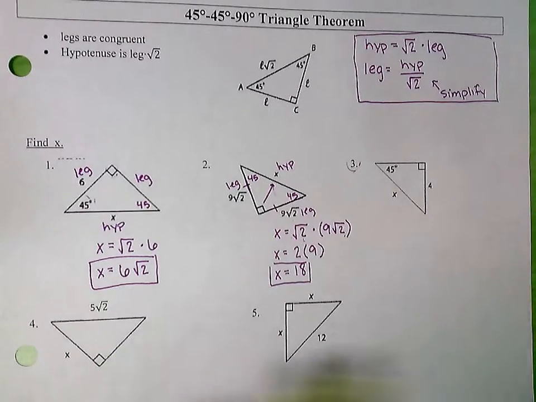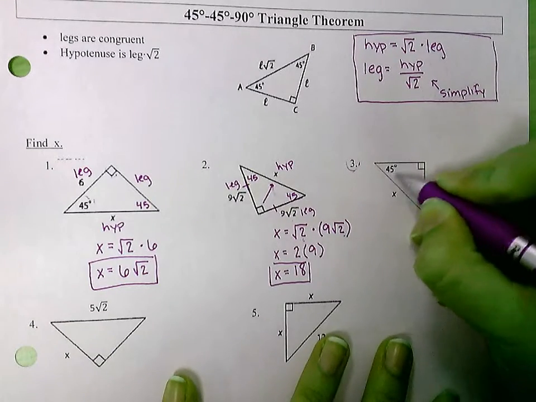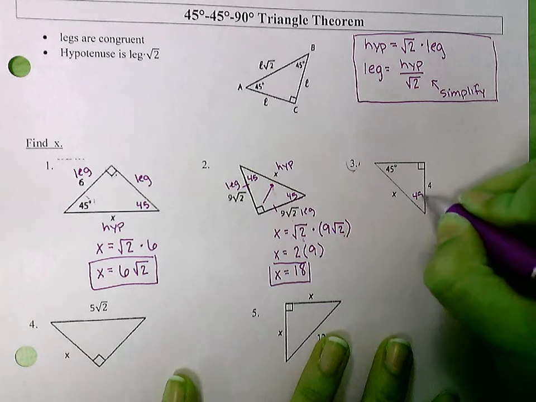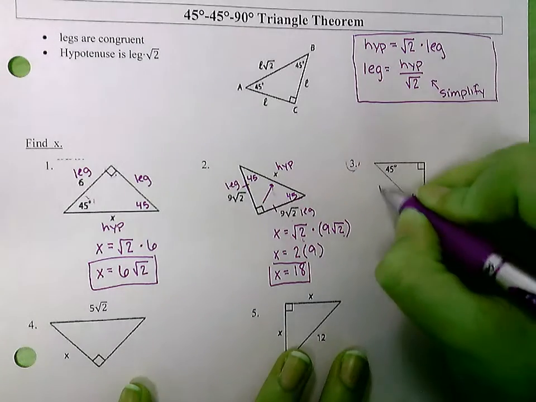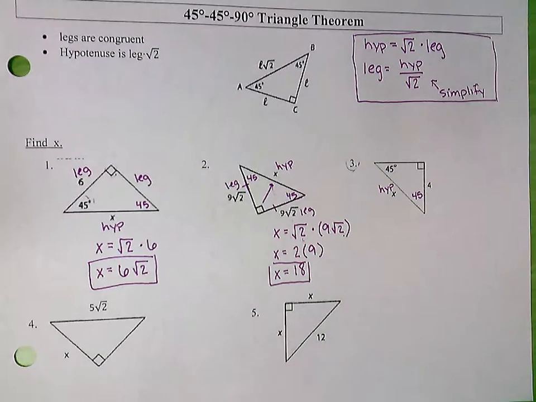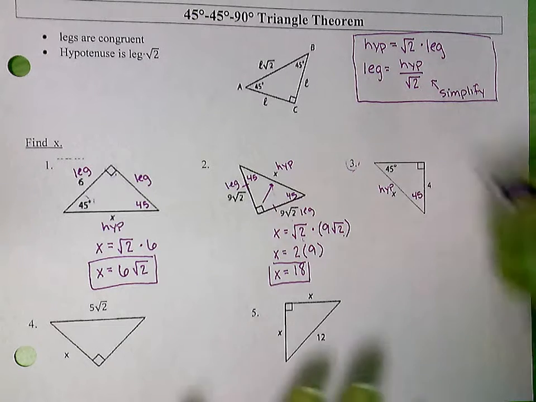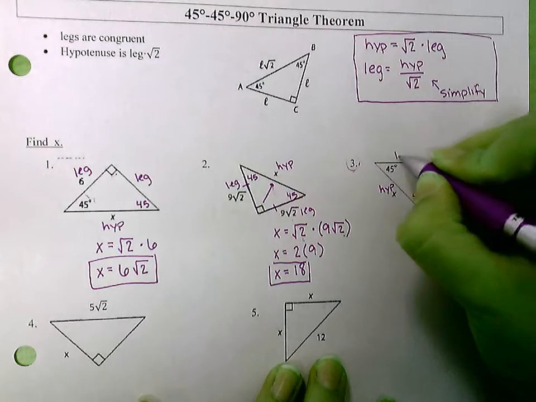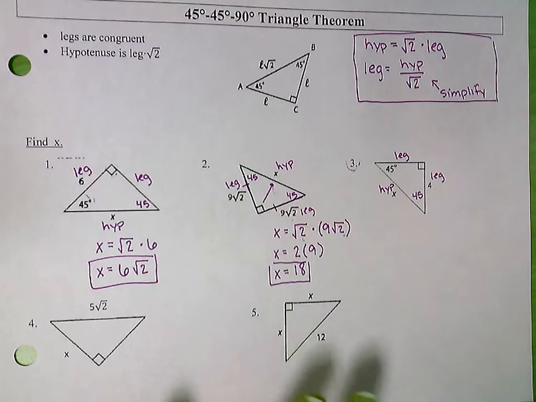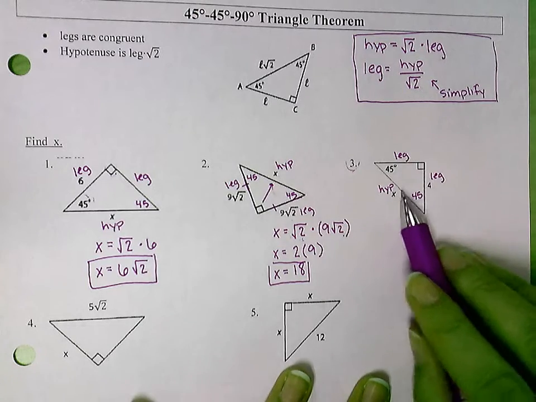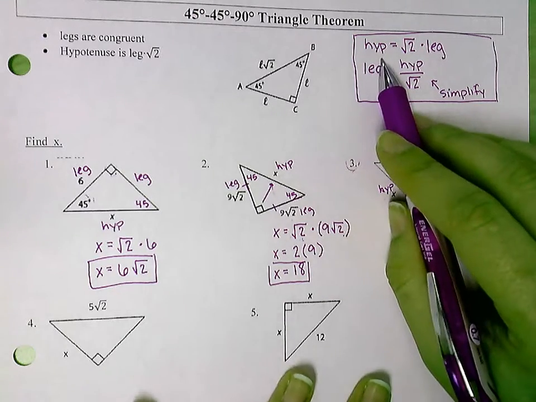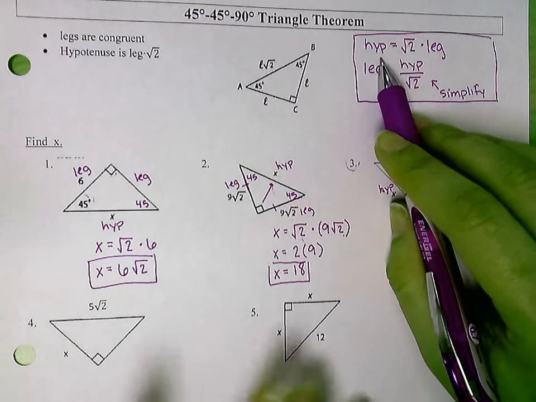All right, number 3. Again, we have this 45-degree angle here, so the other one must be 45. So I can use my same rules. Labeling my sides, I have my hypotenuse across and the 2 legs. Since x is by the hypotenuse, again, I'm going to use that top one because I want to find the hypotenuse.